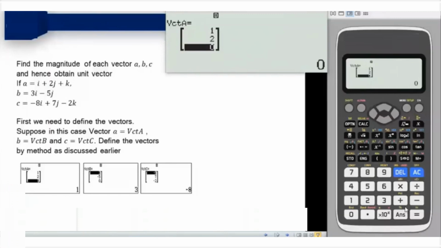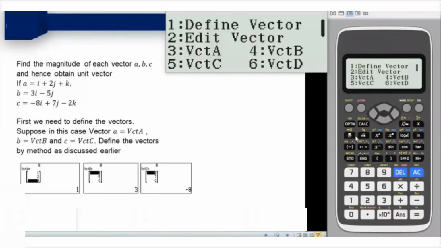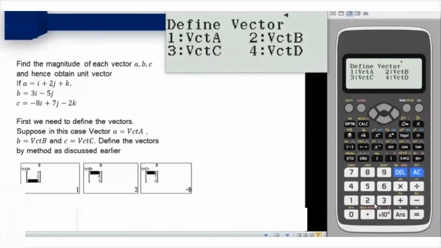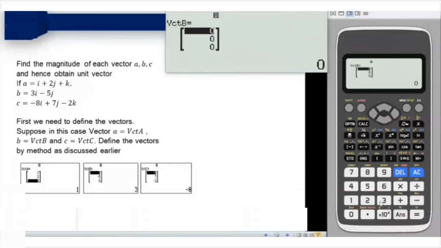Then there is B, which is 3i minus 5j. But since the question overall is a three-dimensional question, I will consider vector B to be three-dimensional as well. And that is 3 is equals to minus 5 is equals to, and I will consider this as 0 as mentioned earlier also.